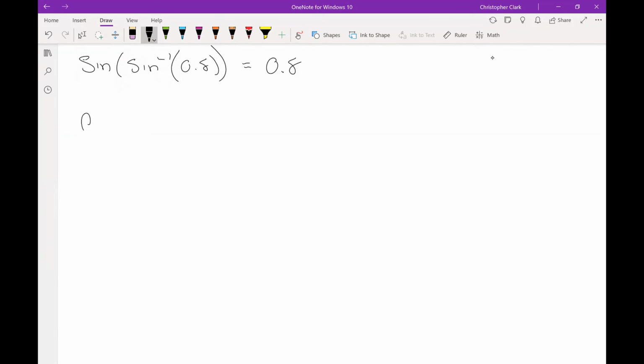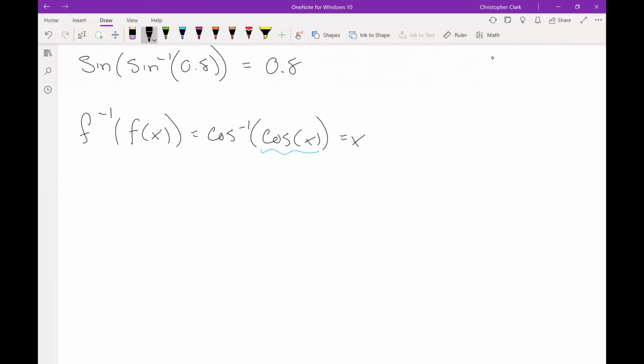Similarly, we'll go ahead and define our cosine. So we have f inverse of f of x equals cosine inverse of cosine of x is equal to x. But remember, we had to slice our cosine up.